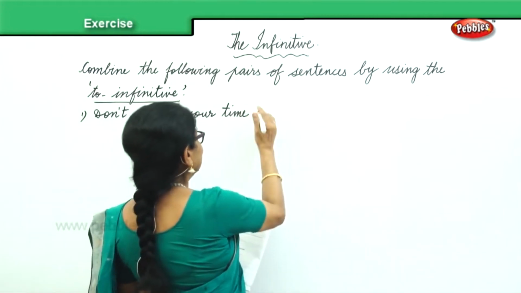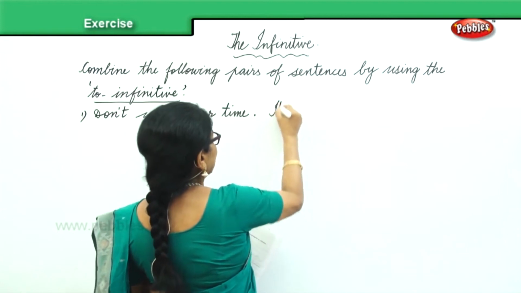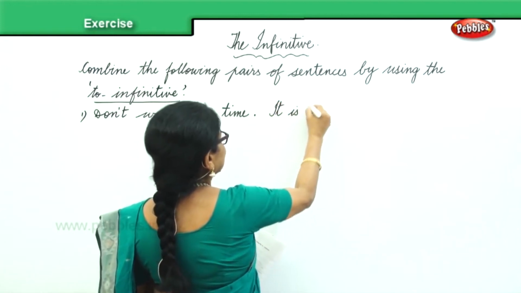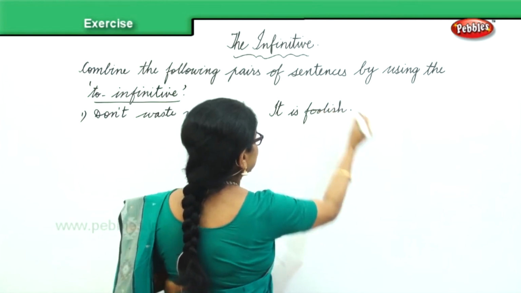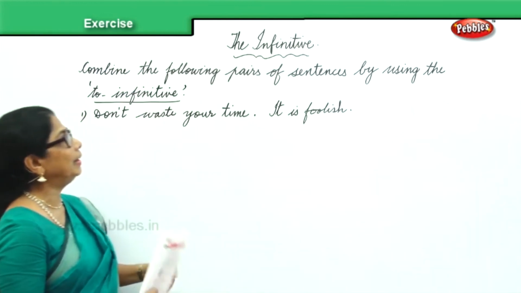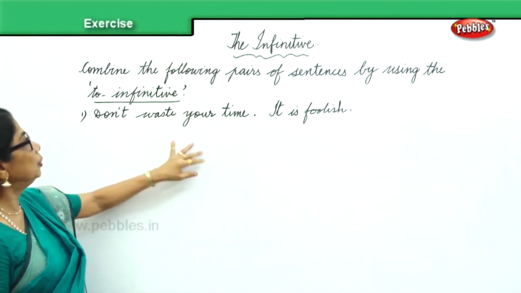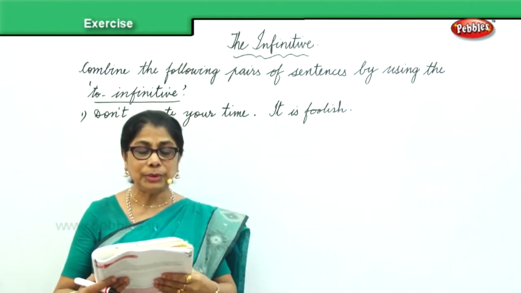Then I have another sentence here: It is foolish. So we have two sentences and we are supposed to combine the two pairs using to infinitive to complete the sentence. So how will you do it?